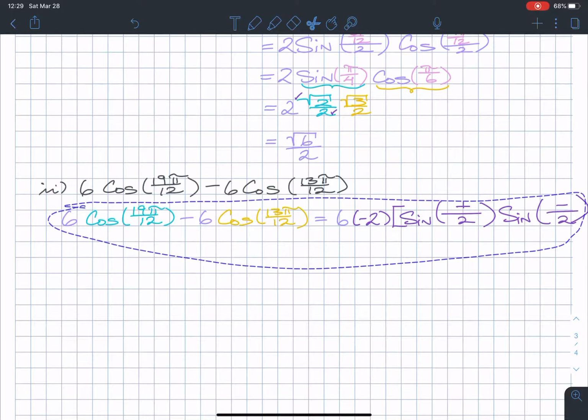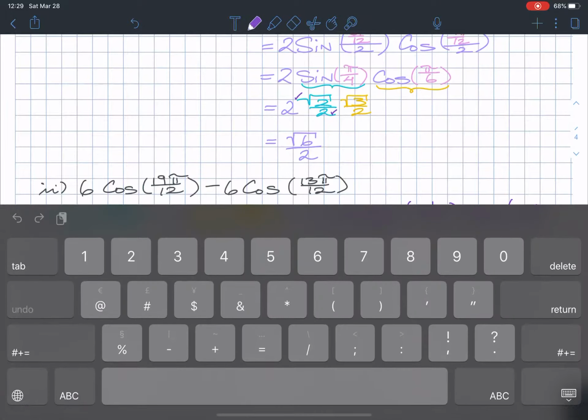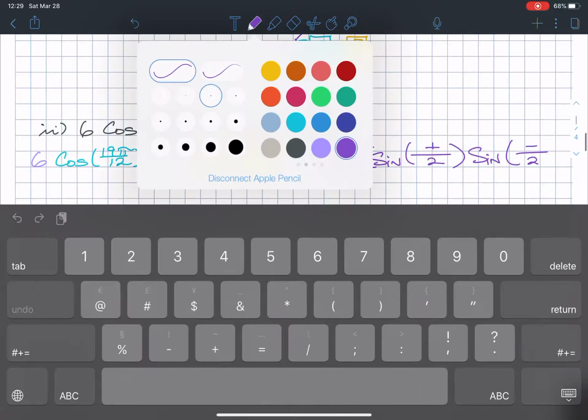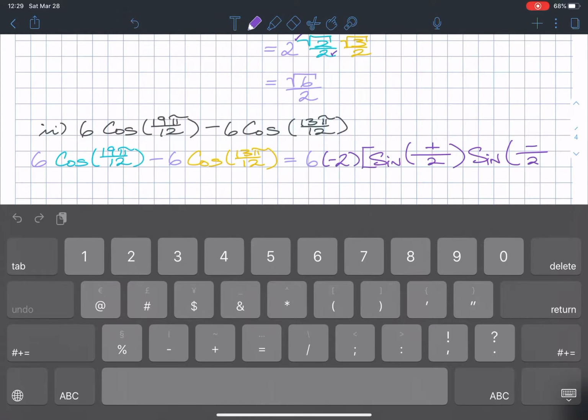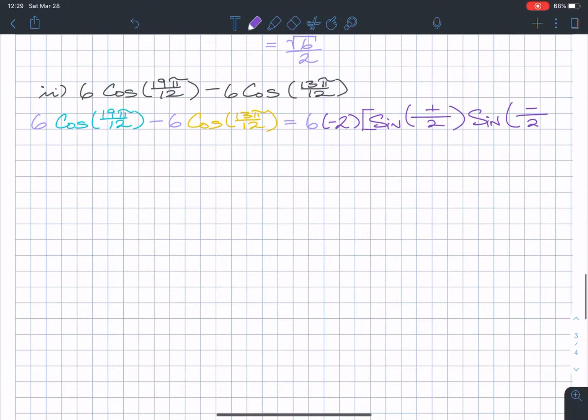Okay, let's move this over, and I want to erase this part. Come on, Apple. Please don't. What is going on? What are you doing? Why?